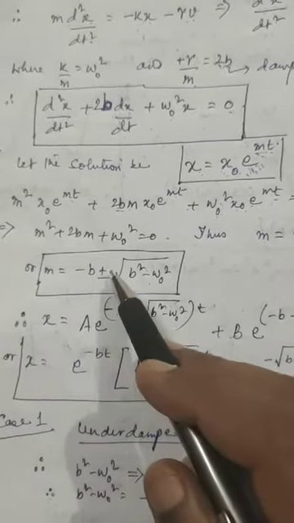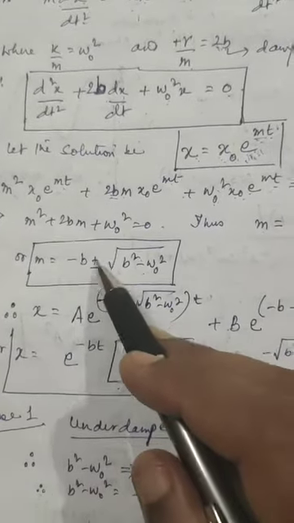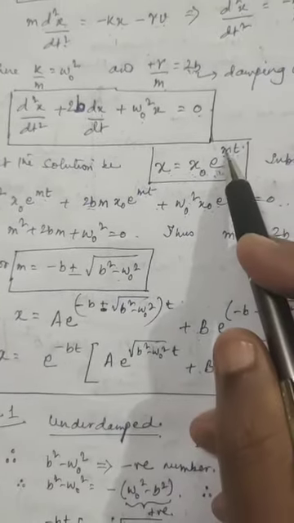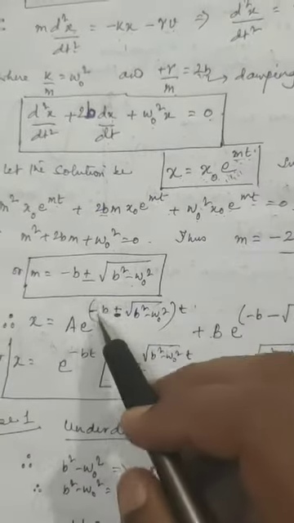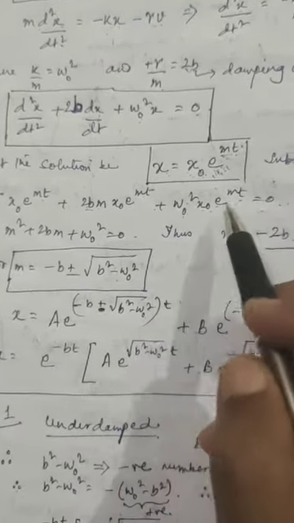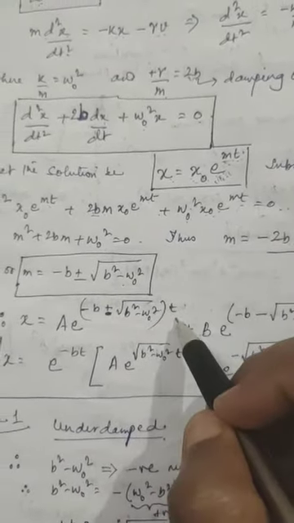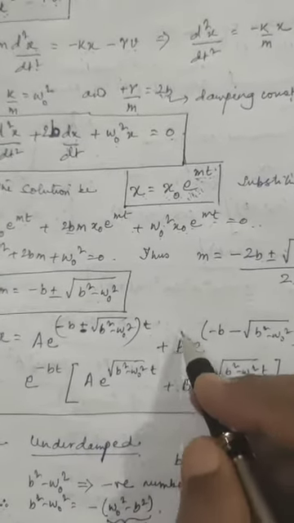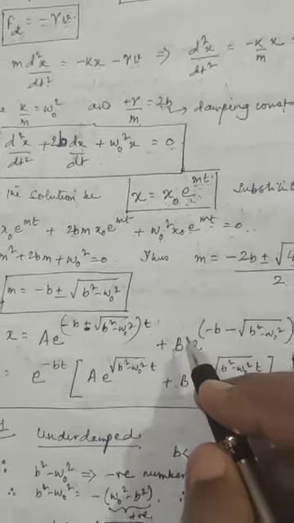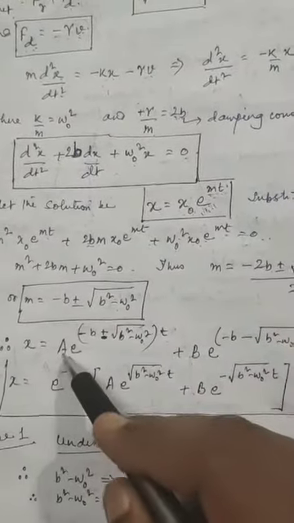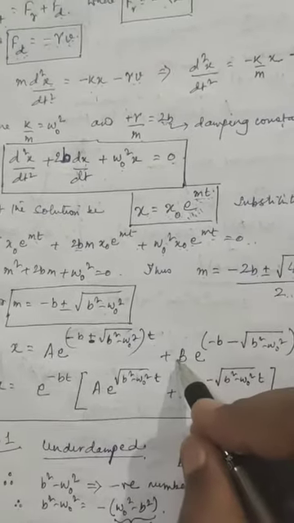So let us say for the first solution, that is m as plus, we have a, and you just put the value of m, minus b plus root over b square minus omega naught square, and t is there, so you have a t. And you have another solution, with b as the other unknown constant.